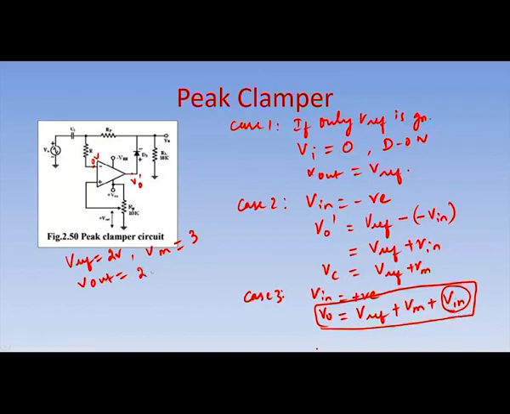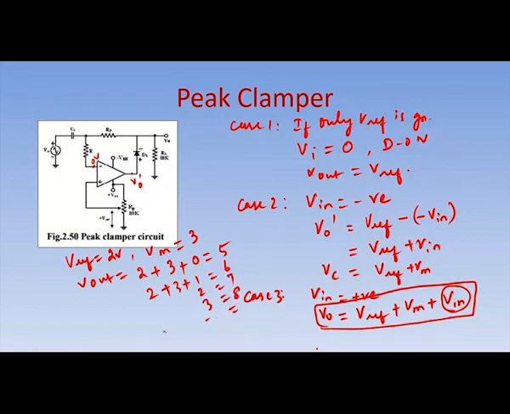So, V reference is 2 volts plus Vm is 3. This is constant always, and the input value will be changing. If it is 0, then it is 5 volts. If it is 1, it is 6. If it is 2, it is 7. If it is 3, 8.